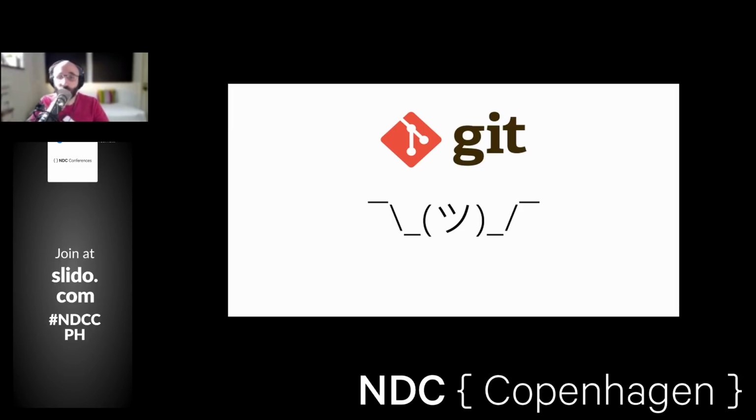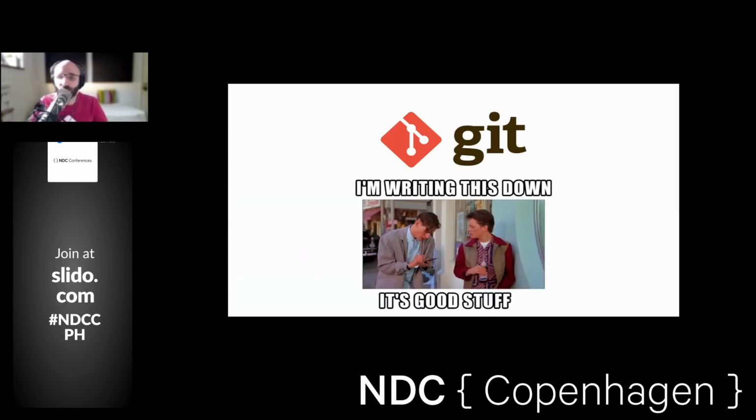So in order to learn how to use Git effectively, what you can do is observe how others use it and learn from their experience, see what works, see what doesn't work, and write things down and apply them to your own. So that's what I have done.